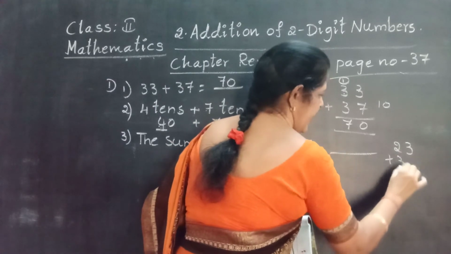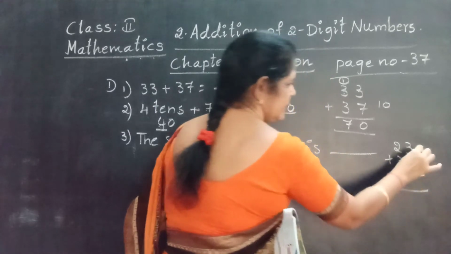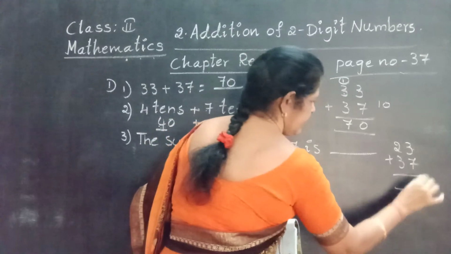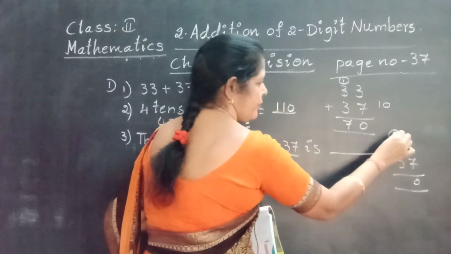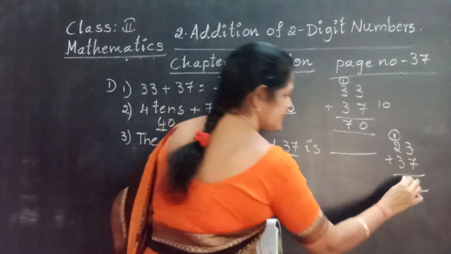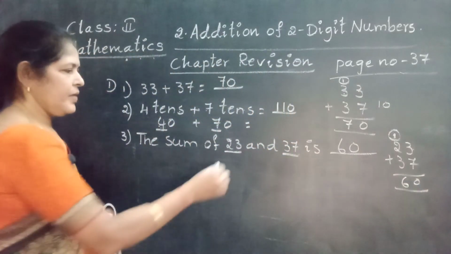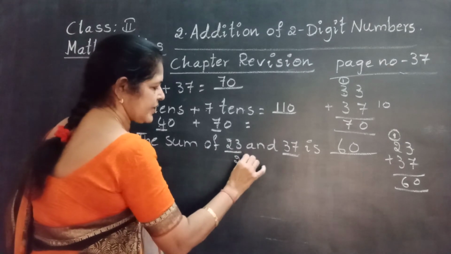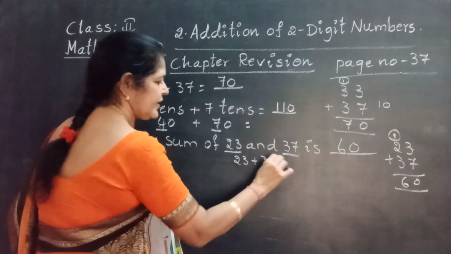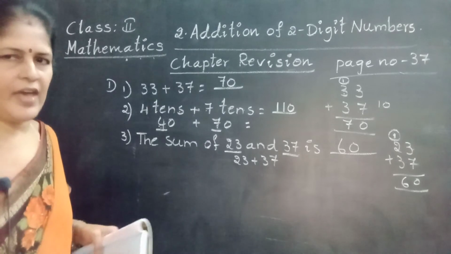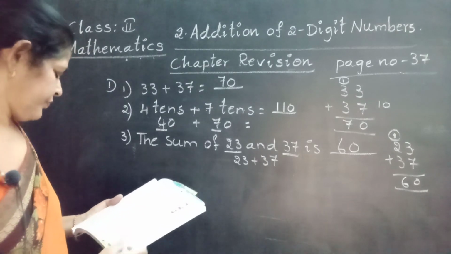Do rough work this side. Come on. 3 plus 7, 10. 1 carried. 1 plus 2, 3. 3 plus 3, 6. The sum is 60. That means 23 plus 37. Next, fourth one.